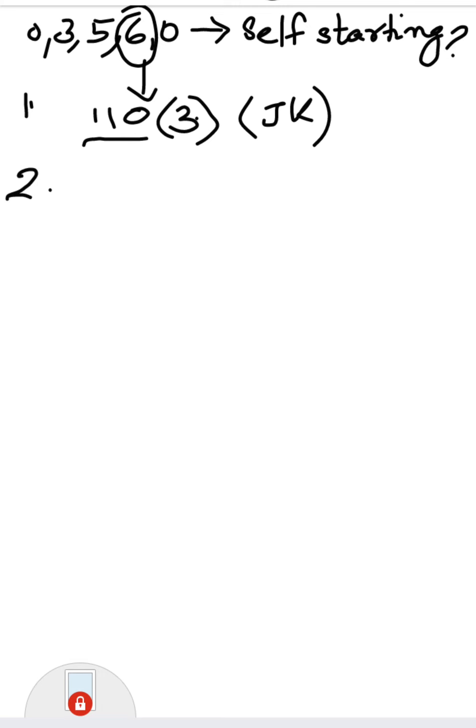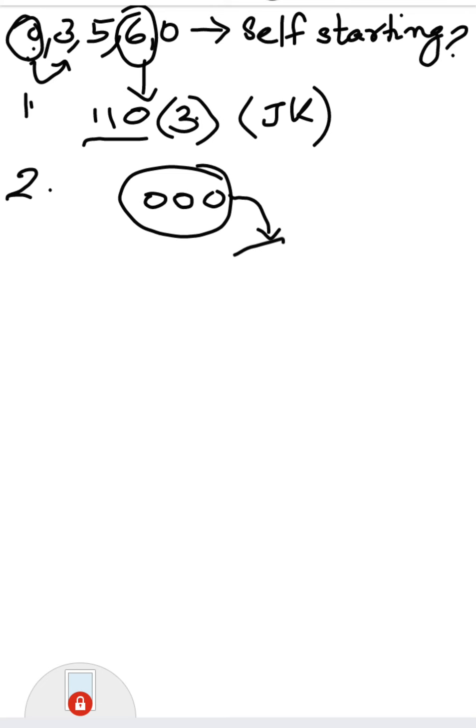The second step is you have to draw the state diagram. So state diagram is very easy to draw. The first state is 0, 0, 0, because in the question it is given, you have to start from 0. Now what is the next state? From 0, it should count 3, which means when the next clock arrives, it should count to 3, that is 0, 1, 1.